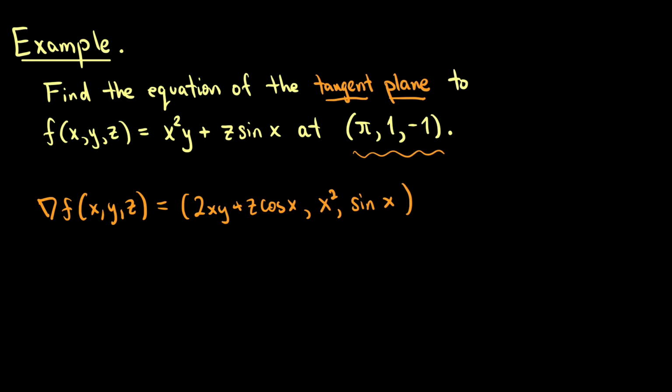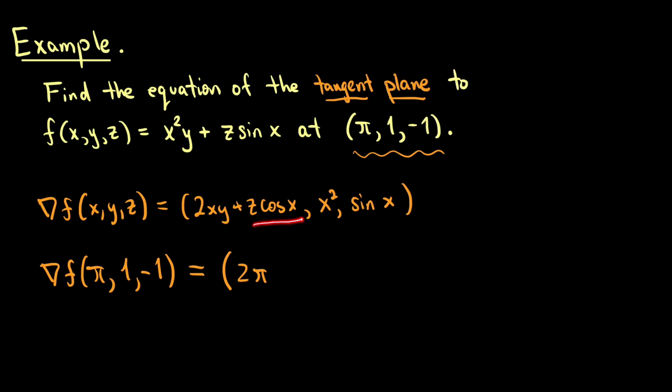Okay, and now let's compute the gradient of f at that point, pi, 1, minus 1. So what do I get? When I plug in x equals pi, y equals 1 into the first term, I get 2 pi. And then I get z cosine x.